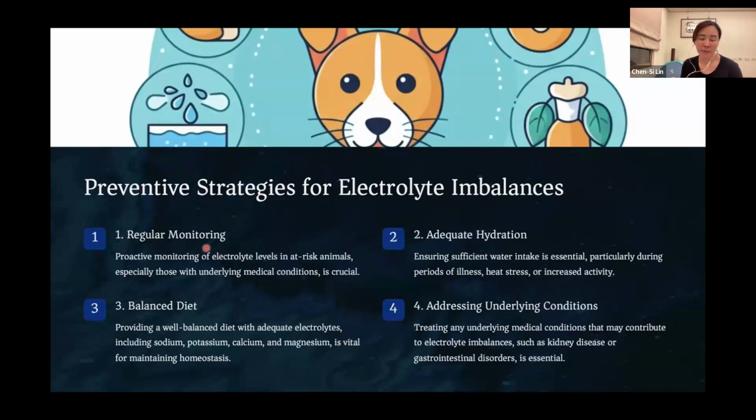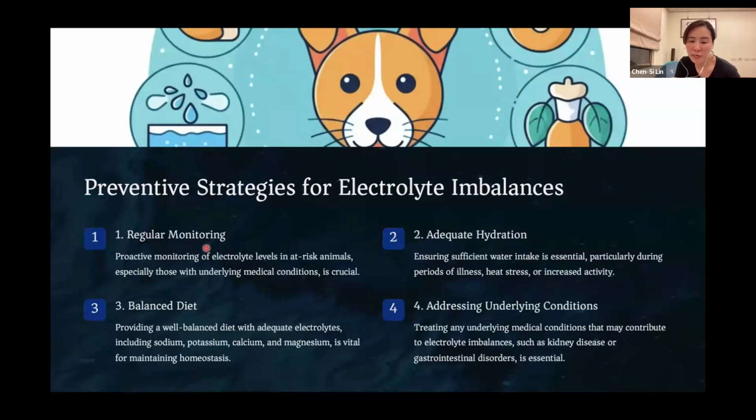Also the diet is important: we need to make sure the animal has a balanced diet, because if the diet contains too much sodium or potassium, it will also result in an imbalance of electrolytes.